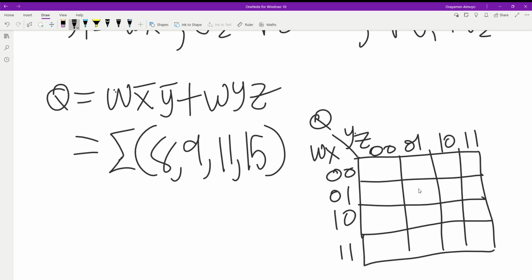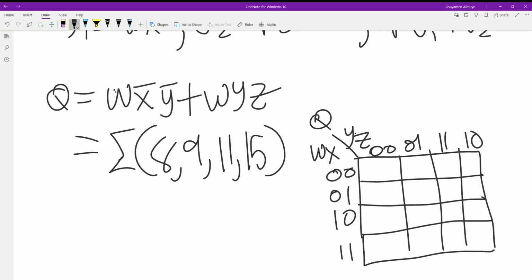Okay, so we have w x bar y bar. Let's trace it. So w 1, x bar, so it's basically the third row, and then y bar, so that's basically, oh my goodness, did I make that mistake again? Shame on me. It's not 1 0, it's 1.